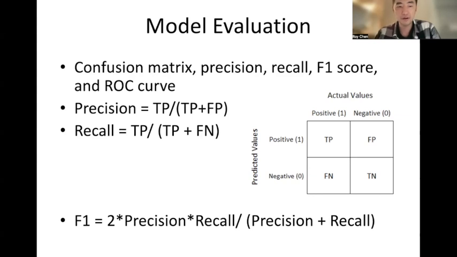So let's first talk about the confusion matrix, which is represented by this 2x2 matrix on the right. As you can see, in this 2x2 matrix we summarize the data into the predicted value, which is the prediction from the logistic regression model, and also the actual target. In this quadrant, if the predicted value is positive and the actual is also positive, then we have a true positive.